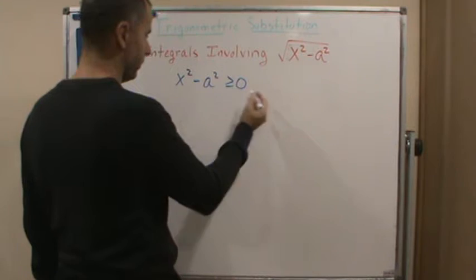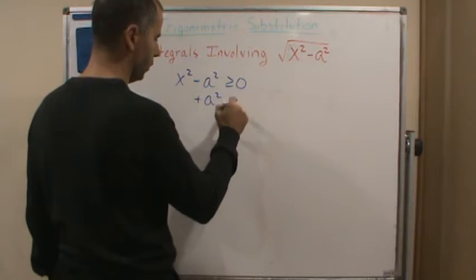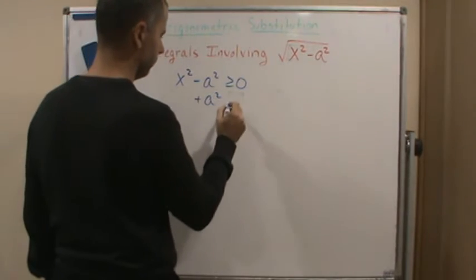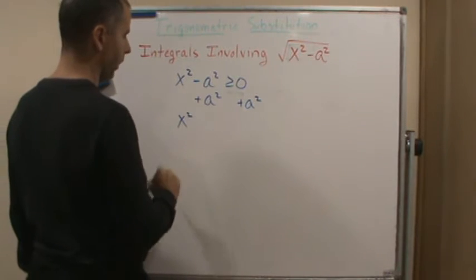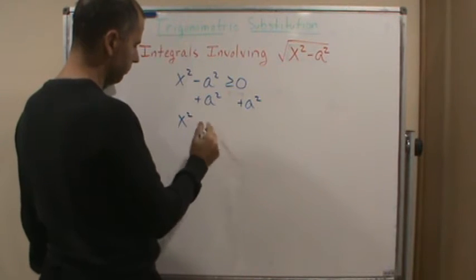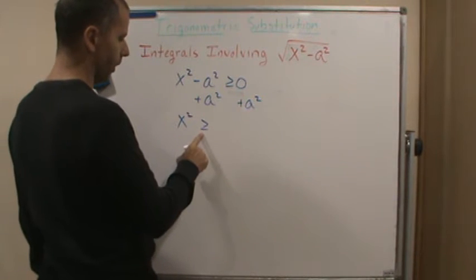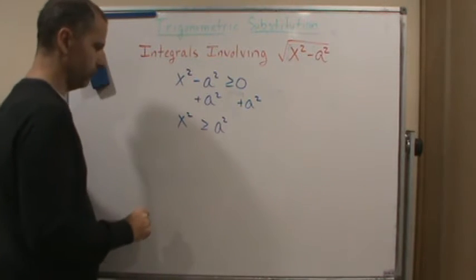So again, if we solve, we get x squared is greater than or equal to a squared.